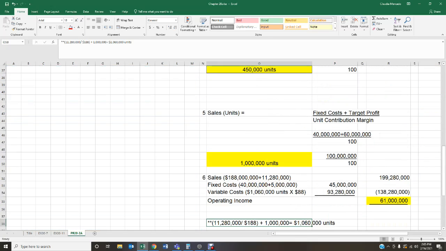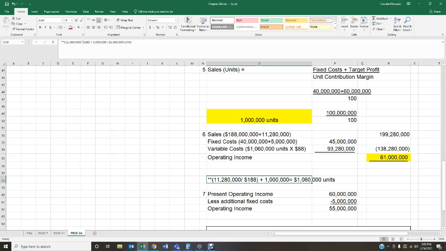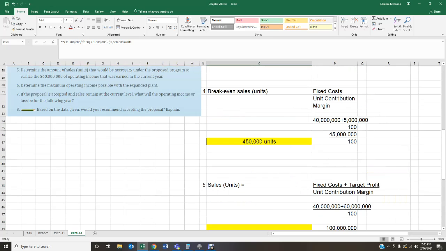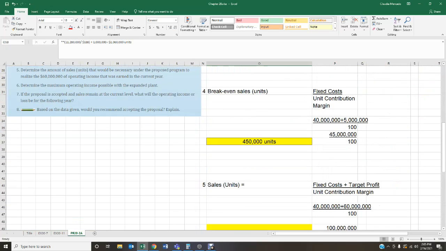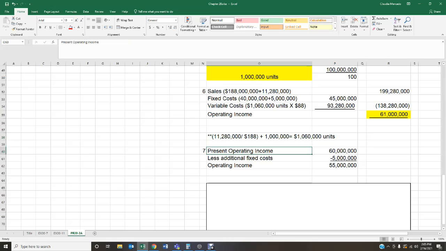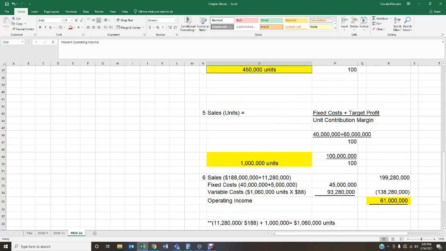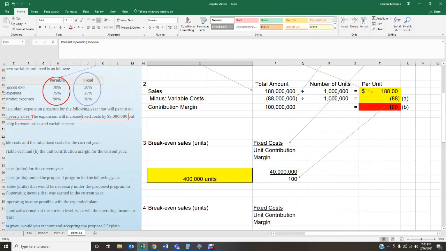I'm selling it at 188, and I know I'm selling 1 million of those goods. So I know that I've got 1,060,000 units. Now once I've got my 1,060,000 units for my variable costs, I can multiply by my variable cost per unit, which we calculated.